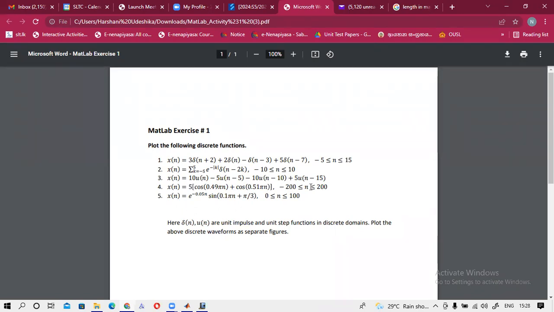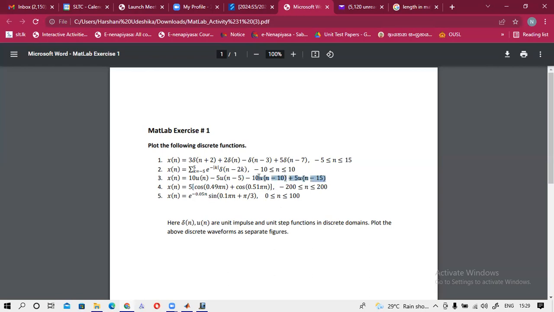If it is not clear, please reduce this n value, maybe from -50 to +50. Like this. So I think this one also you can do. No issue. Do you have any problem related to this?